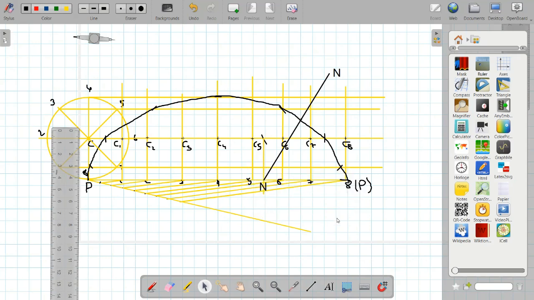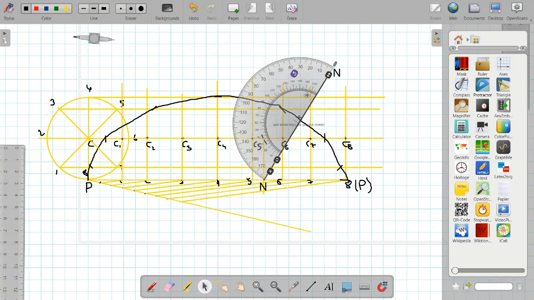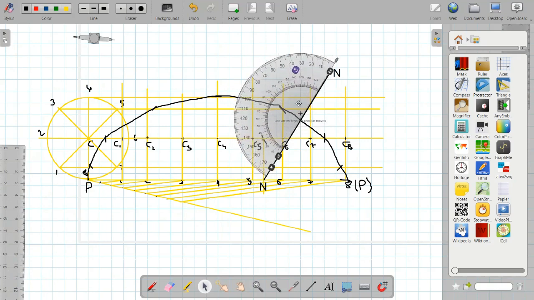And regarding the tangent, we know the property that normal and tangent are always perpendicular. So I will take the protractor, orient it with this line, and mark 90 degrees somewhere.